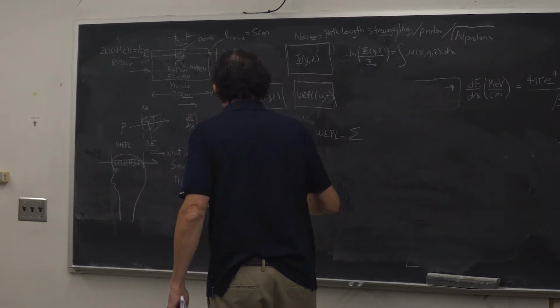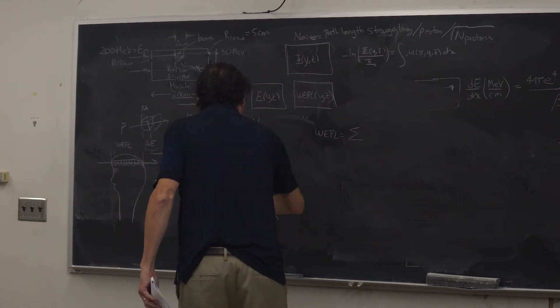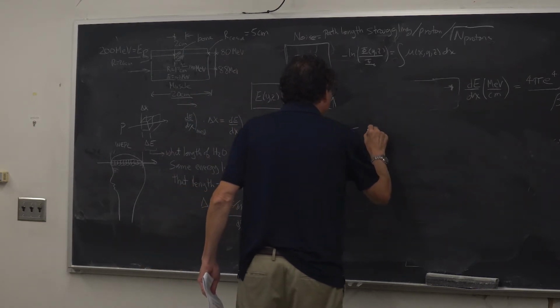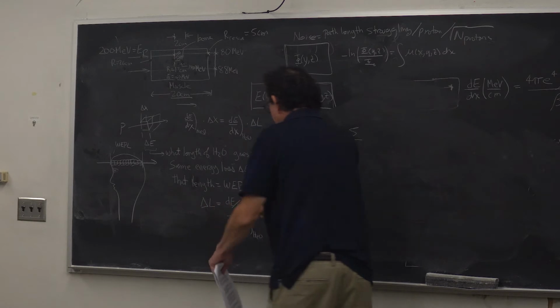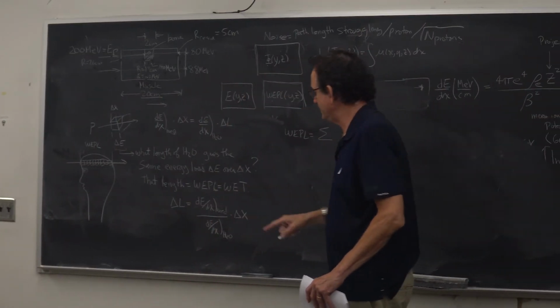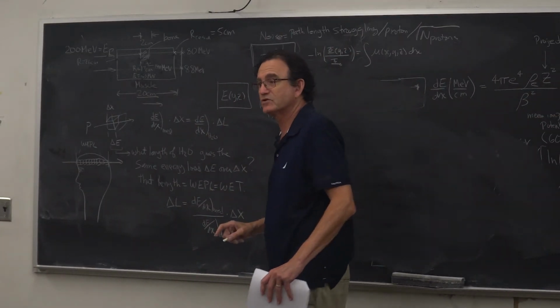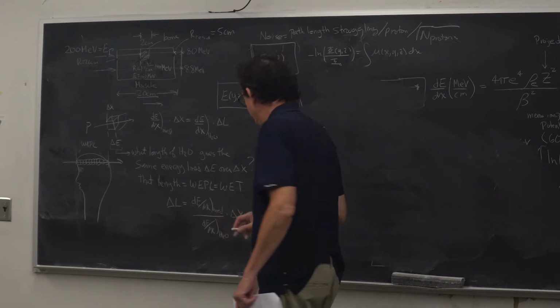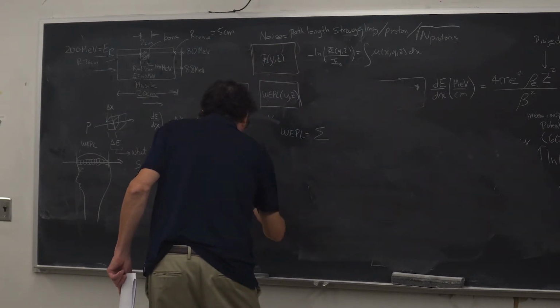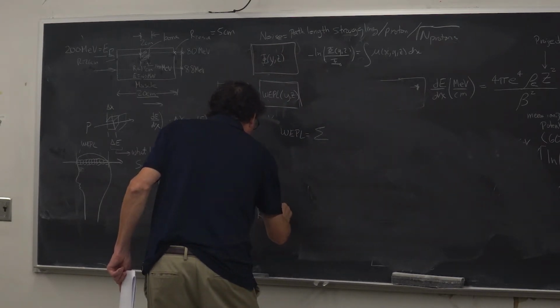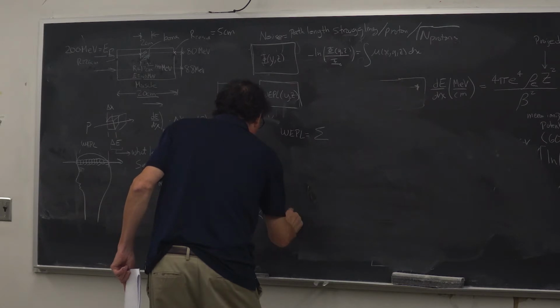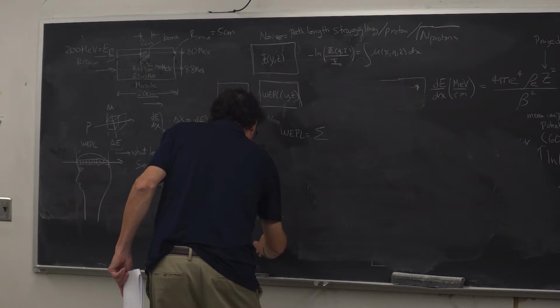And this WEPL is going to be equal to the summation of this ratio of dE/dx. Now, this ratio of dE/dx is given a special name. It's called relative stopping power. So this is equal to the RSP of the voxel, right? Per voxel.